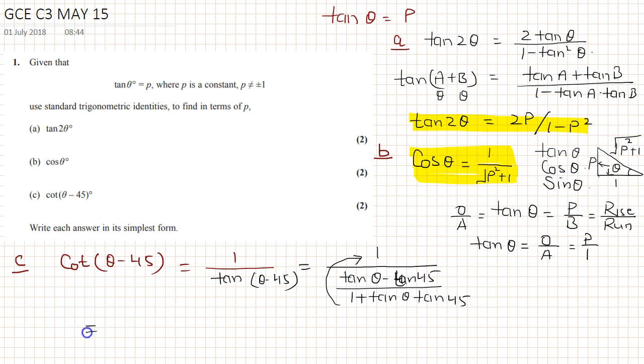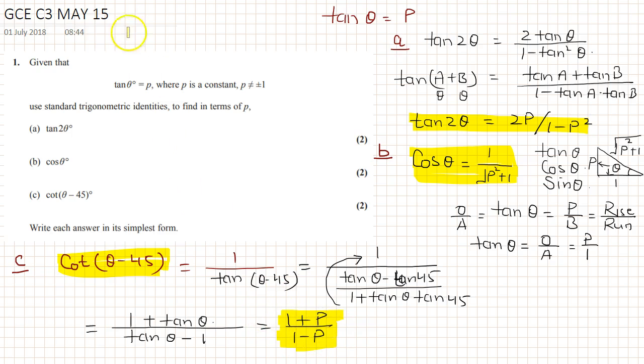So this will be equal to 1 plus tan theta tan 45, where tan 45 is 1, over tan theta minus tan 45, where tan 45 is 1. So that is equal to 1 plus P over P minus 1. And that is the answer of cot of theta minus 45.